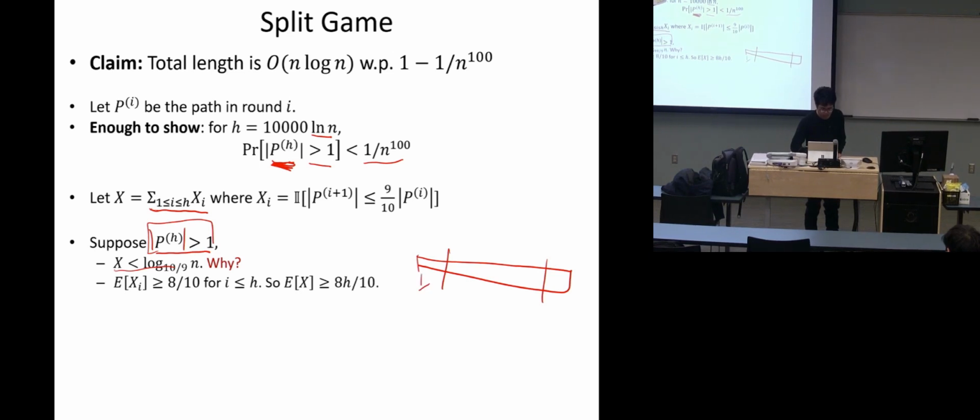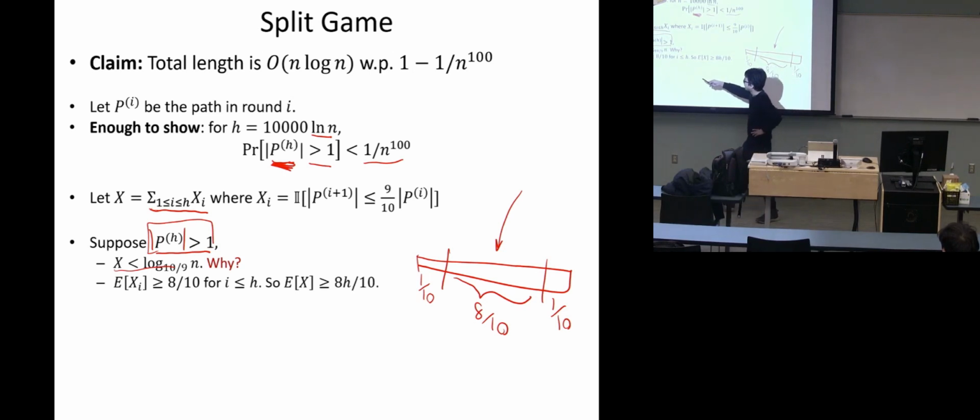If this is a path, and this is the top and bottom 1/10 fraction of the path, if you choose to split somewhere here, which is of size 8/10, it's going to be good. So expectation of xi is at least 8/10. And so when you sum this over h rounds, expectation of x is 8h/10.